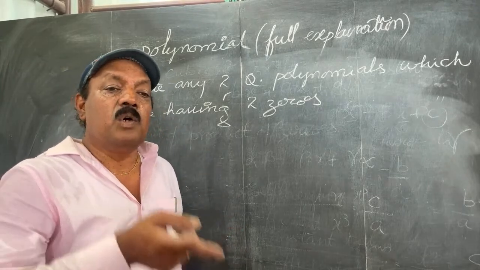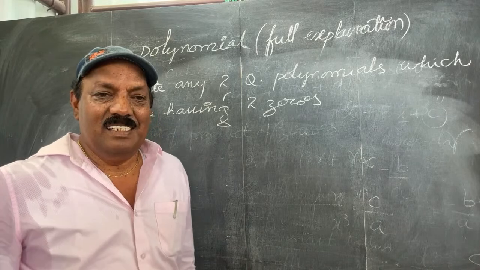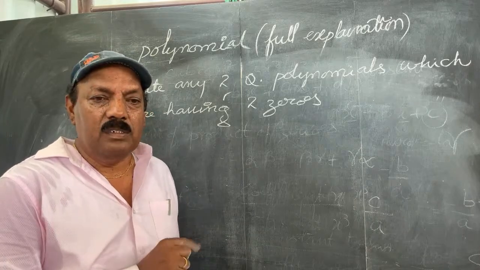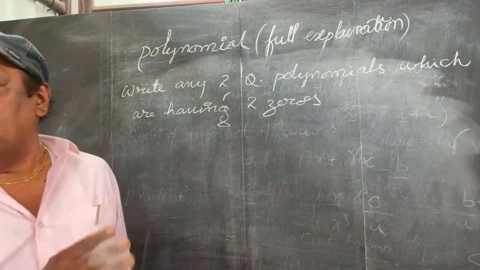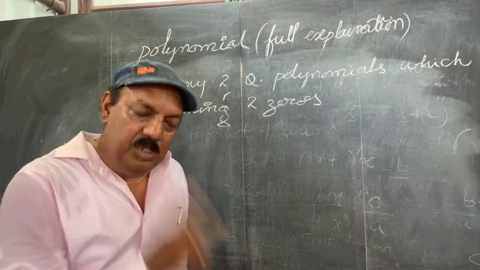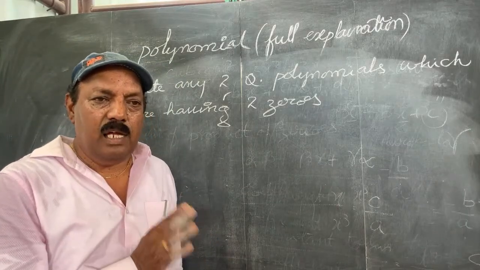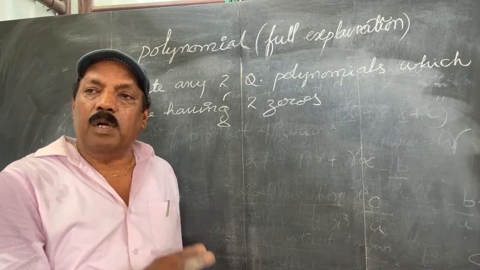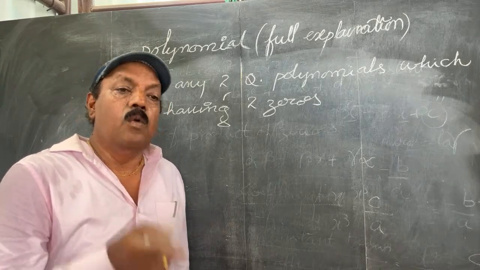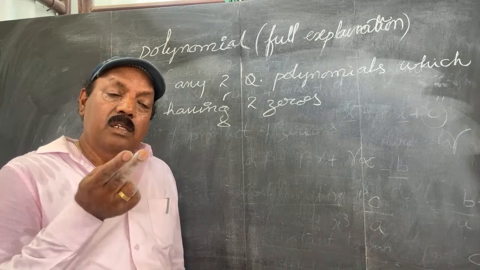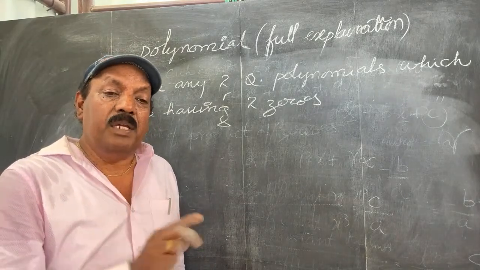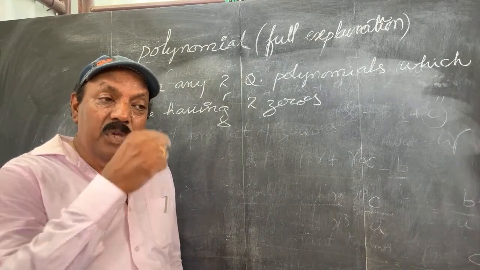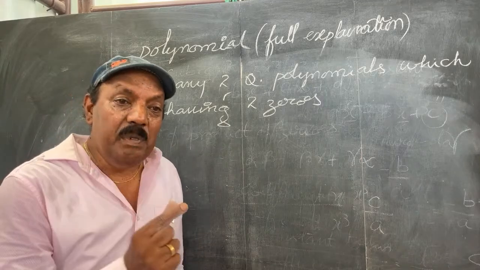On some occasions a quadratic polynomial has no zeros. This is the interesting point for you. A quadratic polynomial always will have two zeros, but on some occasions it has only one zero, and on some occasions no zeros. So in which cases will the zero not be there?